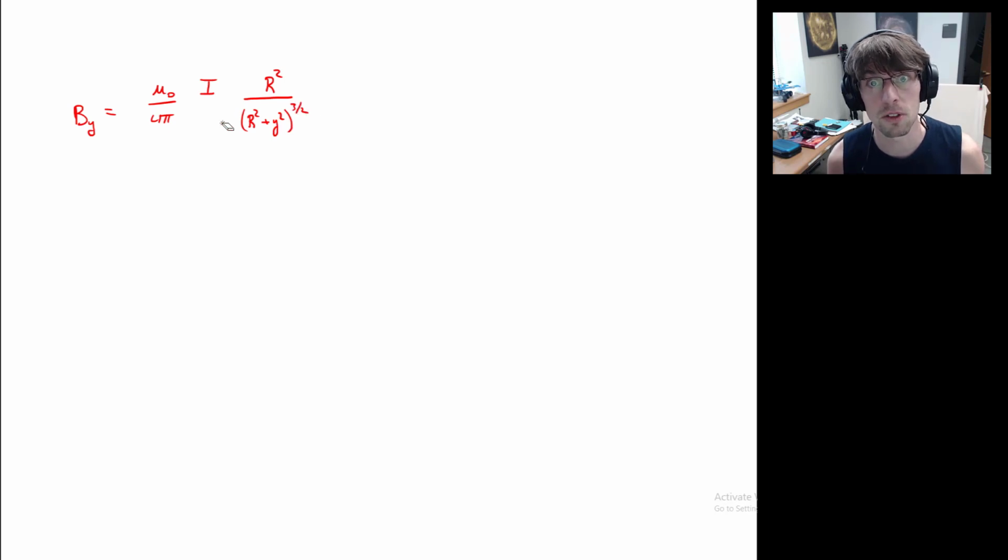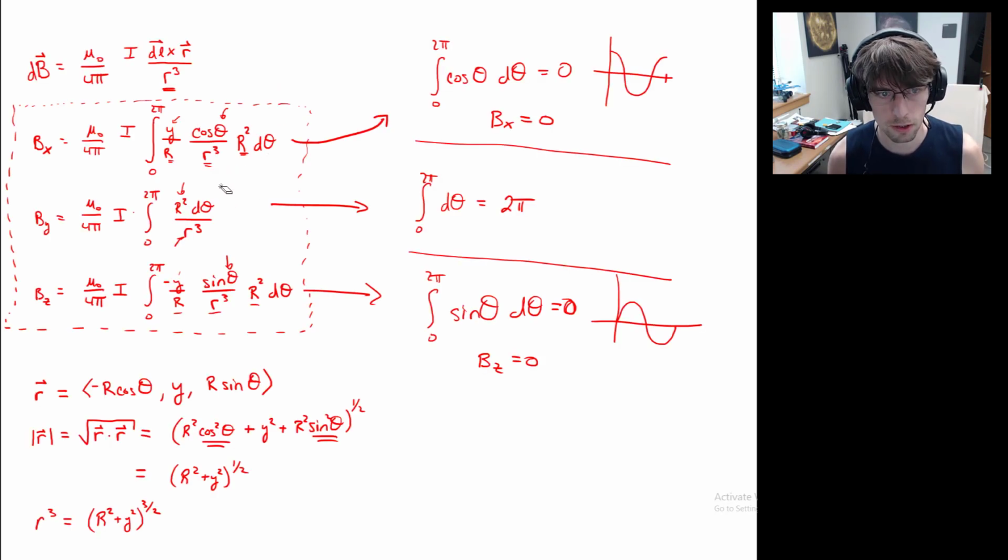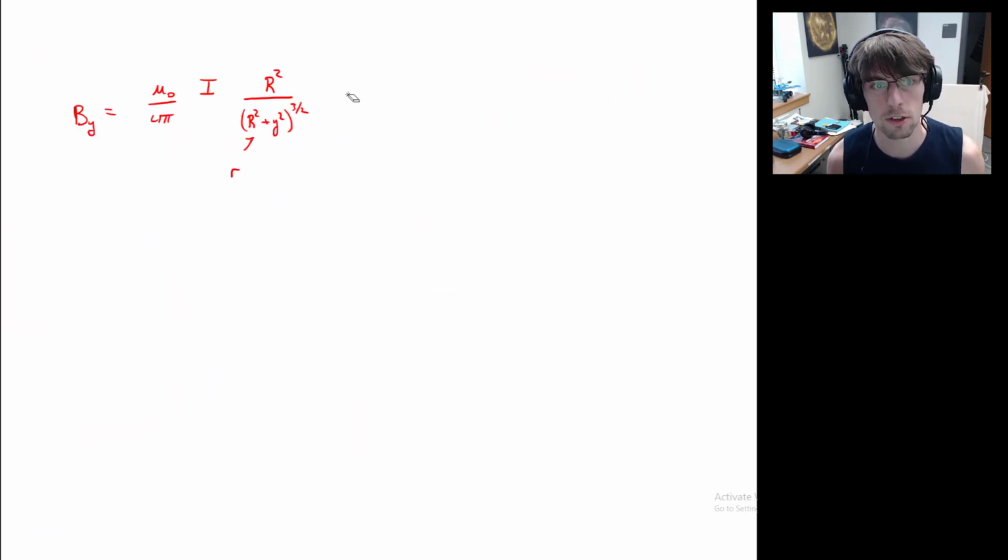So again, I'm substituting in the value for little r. And then what else do we have? We've taken care of that. Oh, we still have to do the integration. So we have an additional 2 pi. So if we cancel, we've got this 4 pi, we've got that 2 pi.